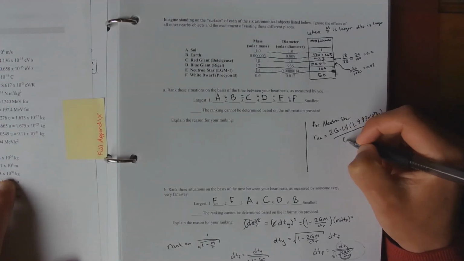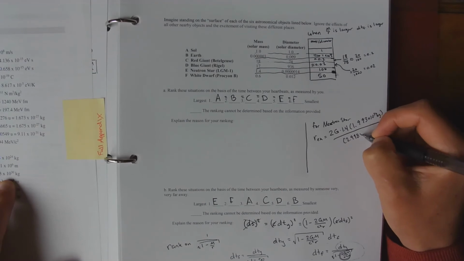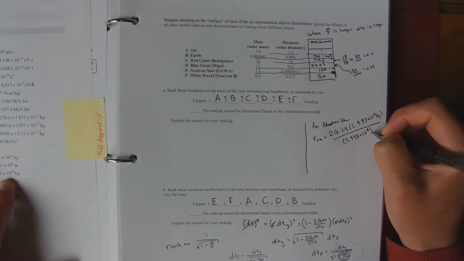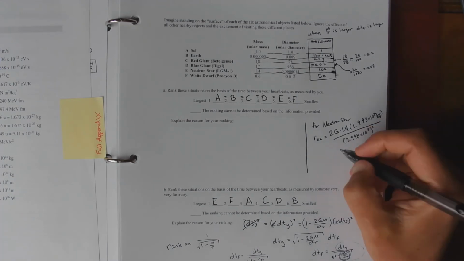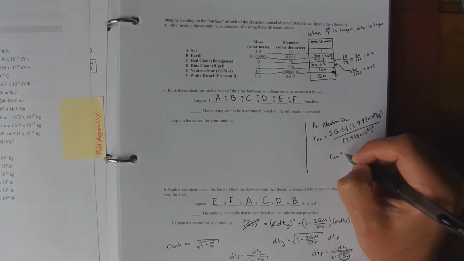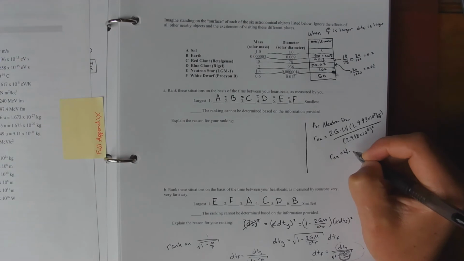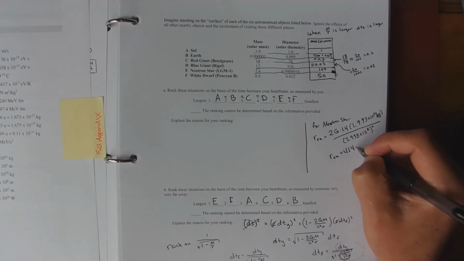And then divide by c squared, so that's 2.998 times 10 to the 8th. Let's just leave the units off. That is 4144 meters.